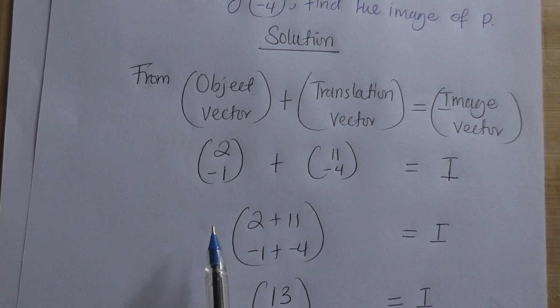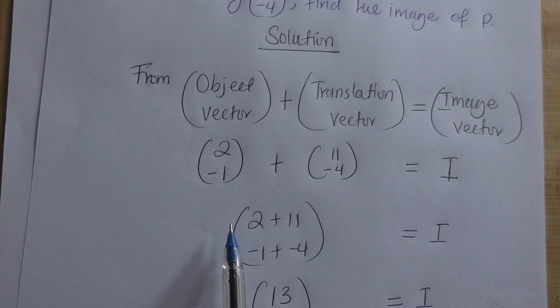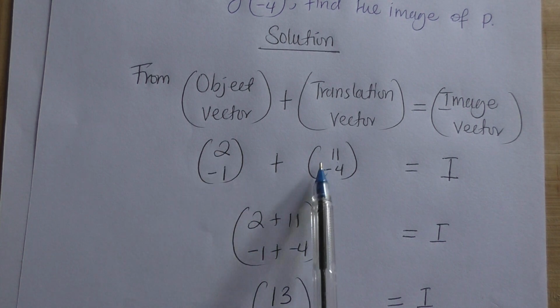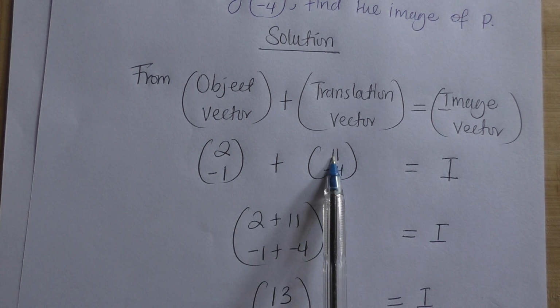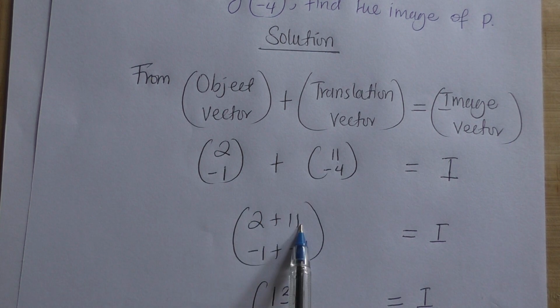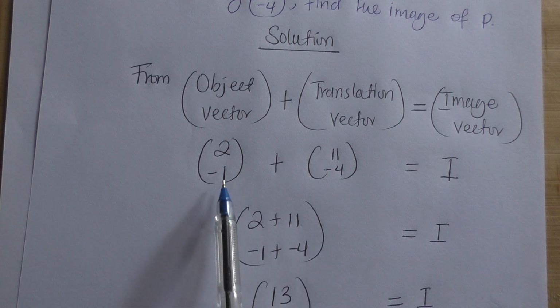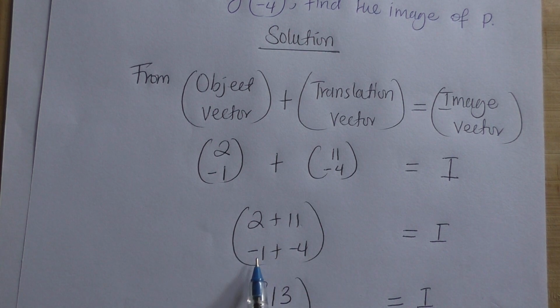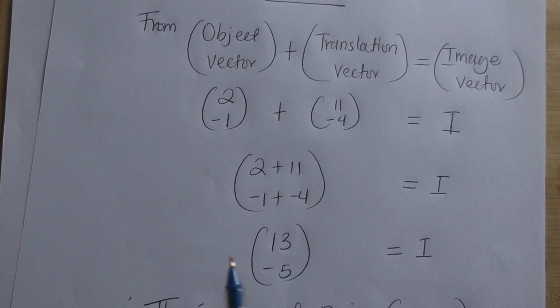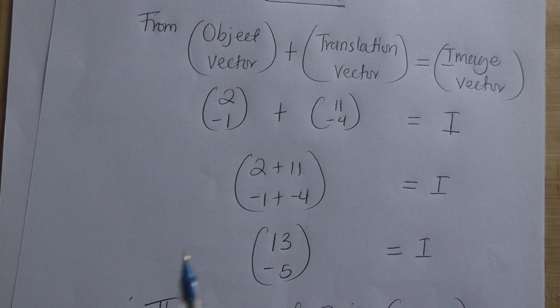We shall add corresponding components of the two vectors, the object and the translation. That is, 2 corresponds with 11, so we add 2 plus 11. Similarly, -1 corresponds with -4, so we add -1 plus -4, hence giving us the image vector as 13, -5.